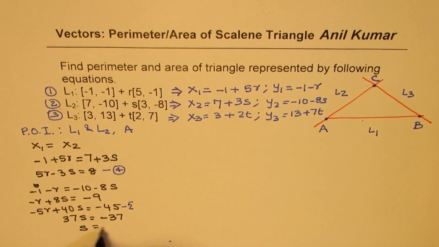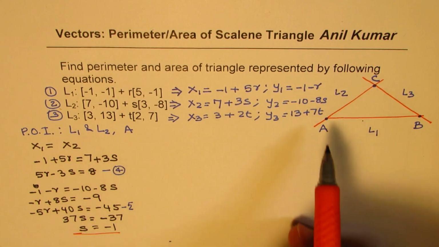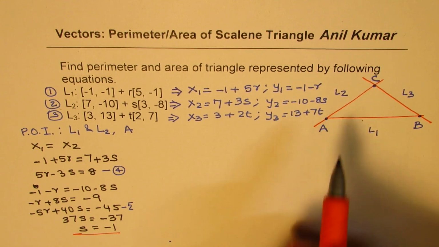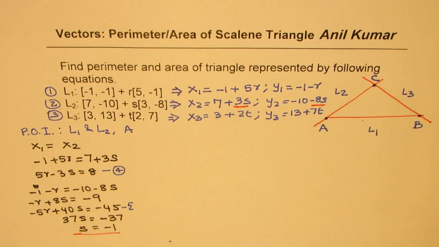So s is equal to minus 1. So that gives you the value of s as minus 1. If I substitute s equals minus 1, I can find the coordinates of point A, right? So I'm going to substitute s equals minus 1 in this particular equation.